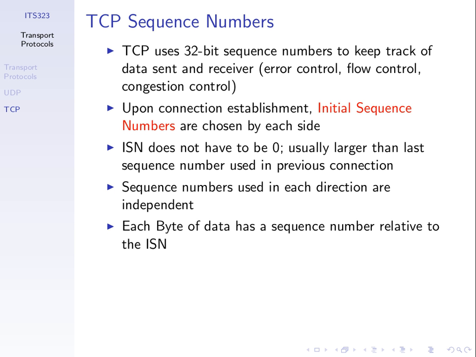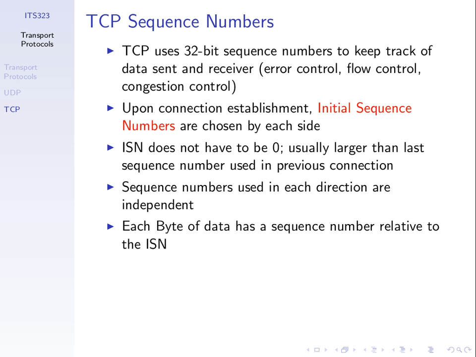We use sequence numbers to know how much we're allowed to send such that we don't overflow the receiver. And although we will not go into it, congestion control uses sequence numbers as well. So when we send our segments, they contain some sequence number to indicate the order of the data that's being sent.